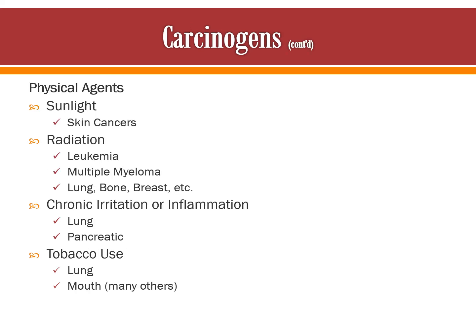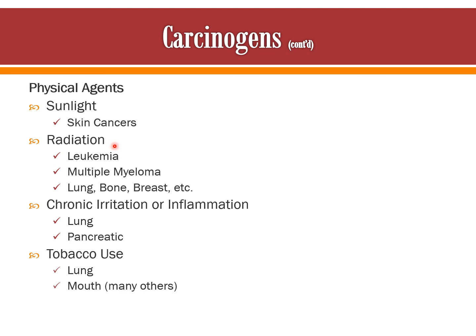We have what are known as physical agents. So this includes things like sunlight, right? So they're implicated in skin cancers for sure. We have things like radiation. So sometimes you have one type of cancer and then you're getting radiation for that cancer. So let's say, I'm making this up, but let's say you had something like brain cancer, and for your particular type of brain cancer, they gave you radiation.